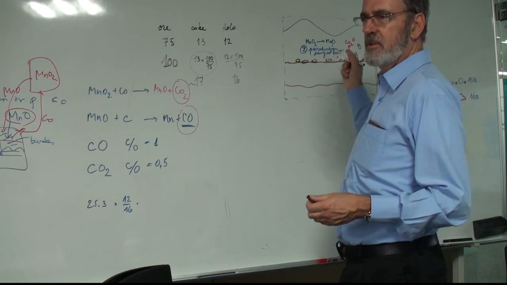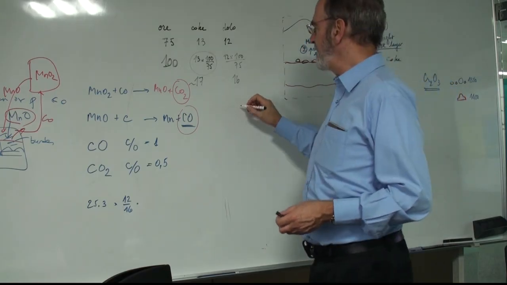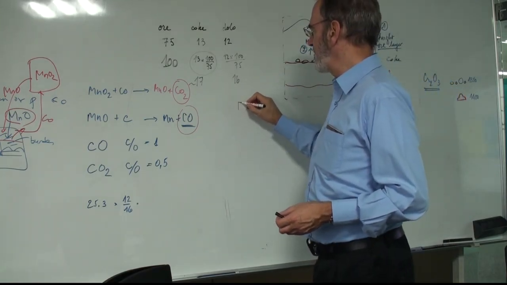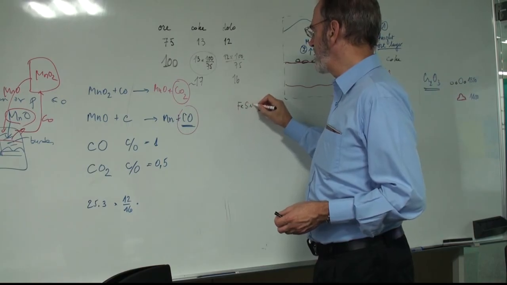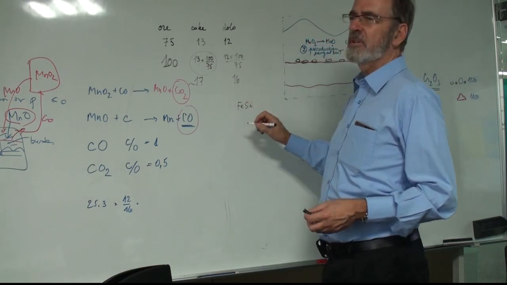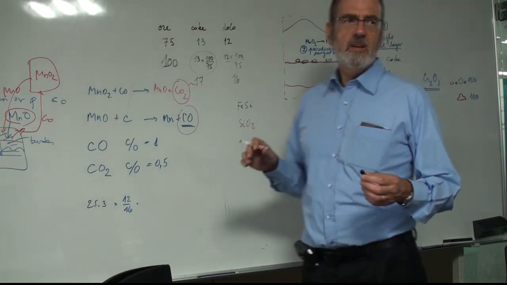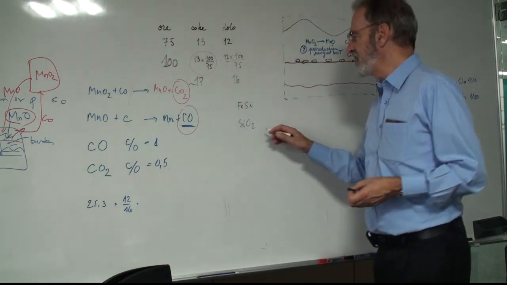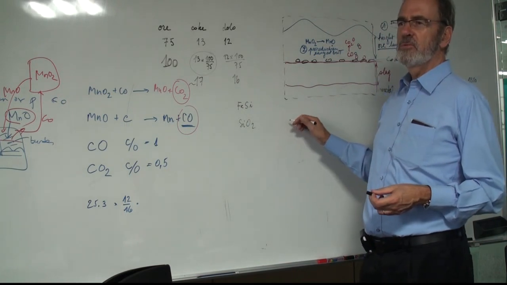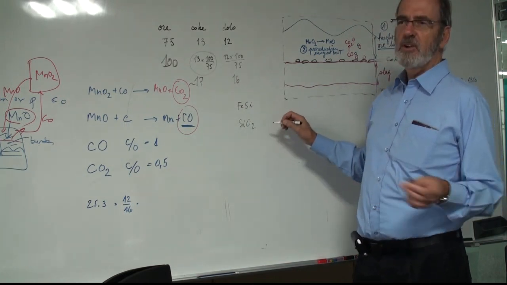Ferromanganese is simple, this way. But ferrosilicon is more complex because you have SiO2, and don't think that you just reduce SiO2 to give Si. It's not like this.